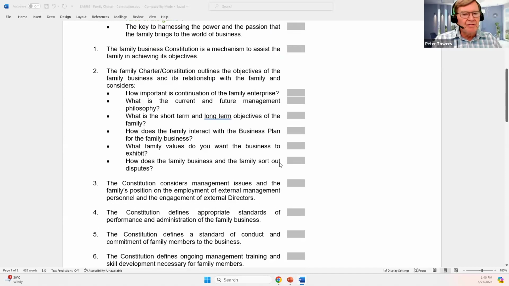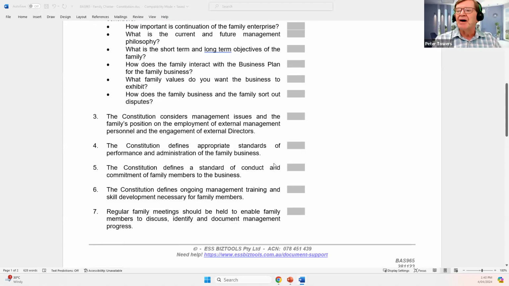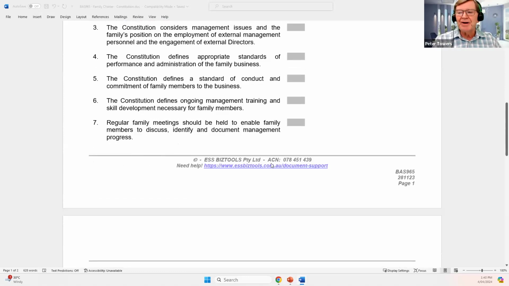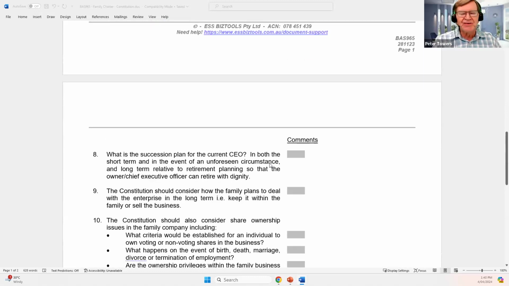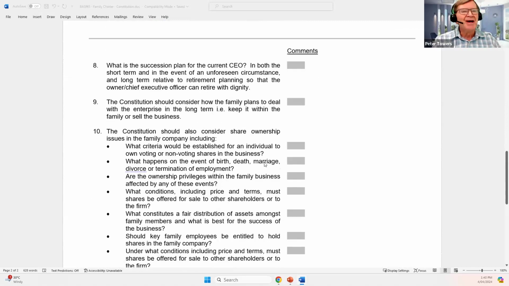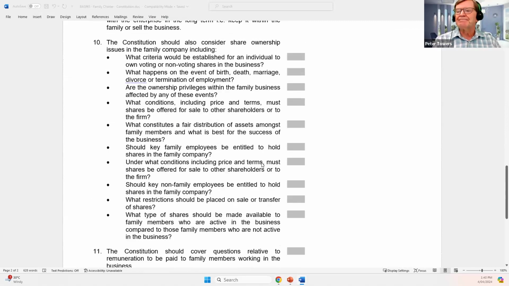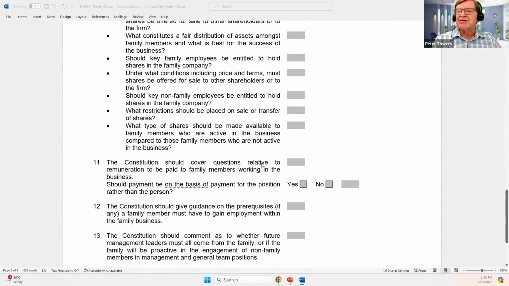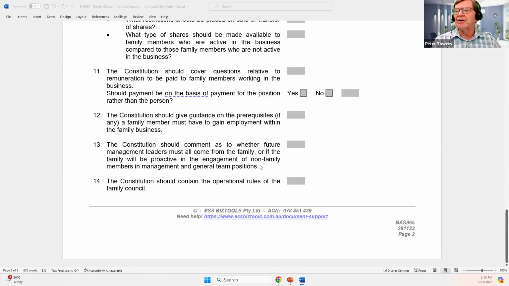A lot of small businesses will not have a family charter or a constitution, but there are quite a number of them around Australia. In fact, there's a National Association of Family Businesses that are very keen to see every family business have a constitution or a charter. So that's just leading you through to make sure you're asking the questions and exploring it with your client.